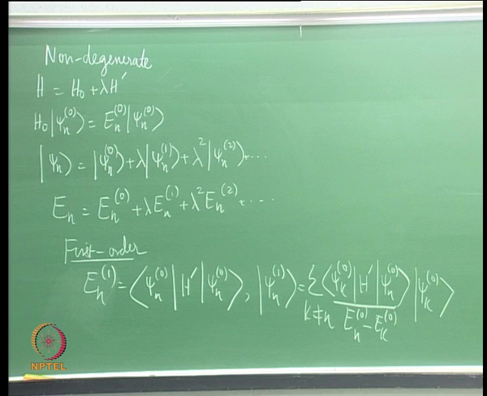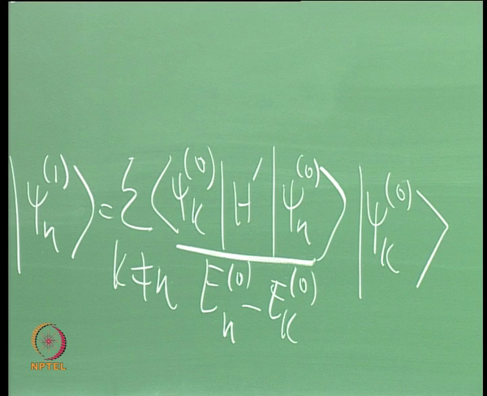So, transition matrix elements become extremely important in general, and it is after all the perturbing Hamiltonian which is responsible for taking us from one state to another state. So, let us look at an example and see what this means.